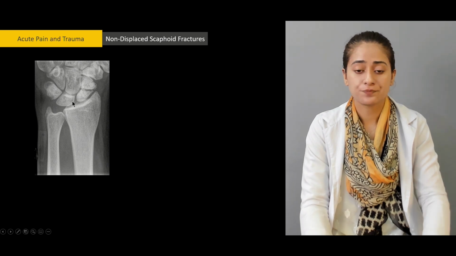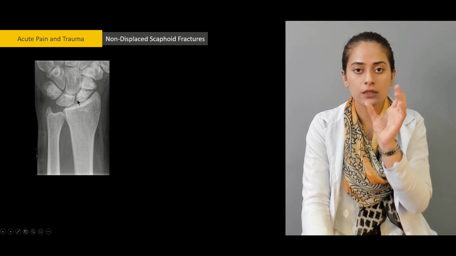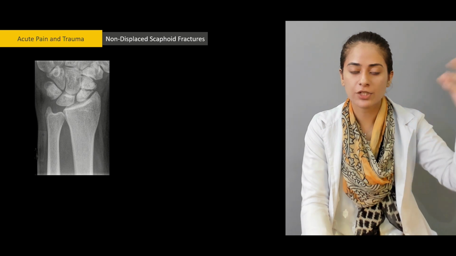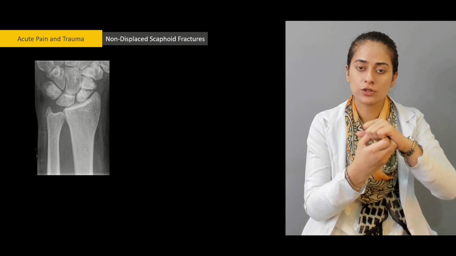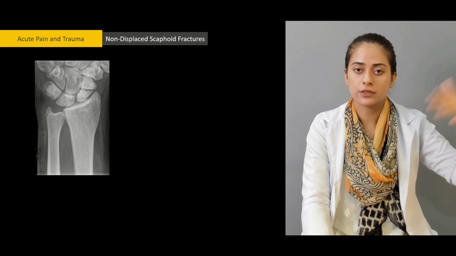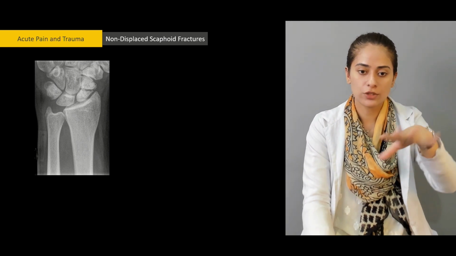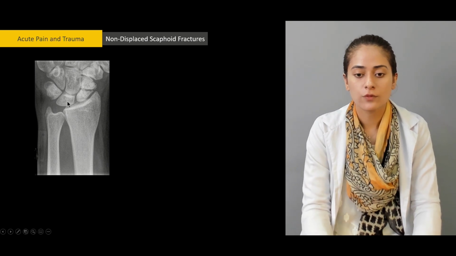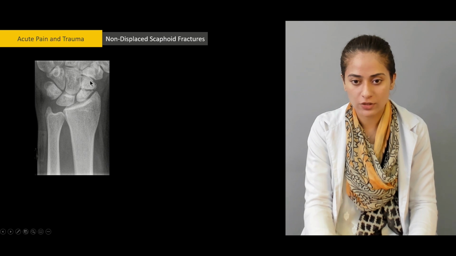Then we have the lunate, which is present in the middle, because the triquetrum and pisiform are almost joined together. So they are in the far medial placement anatomically. So in the middle we have the lunate. This is the scaphoid.